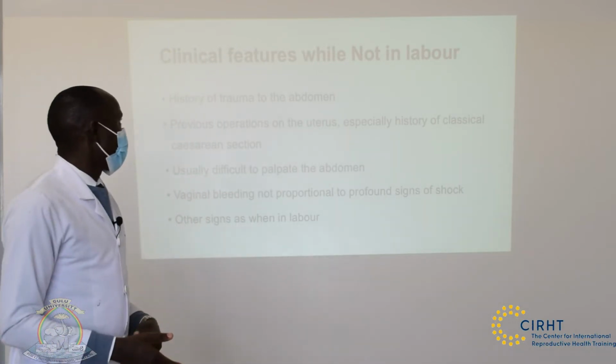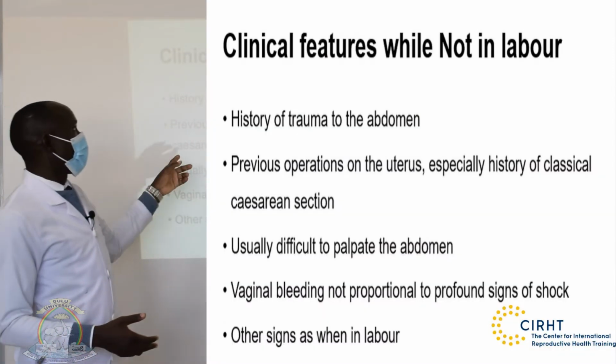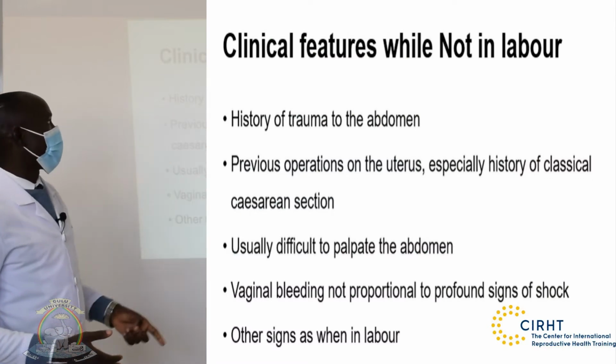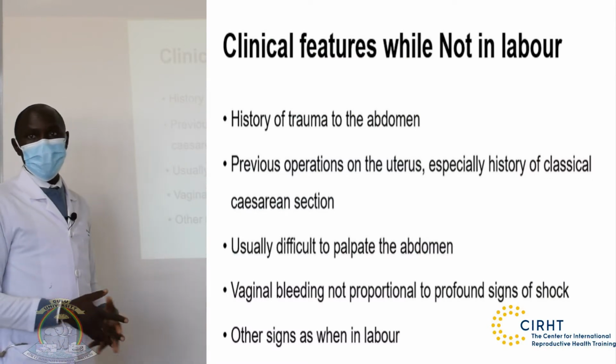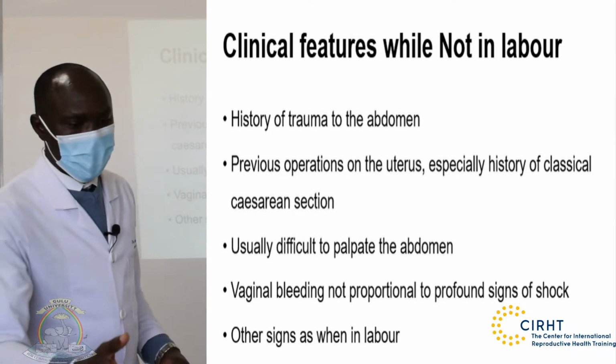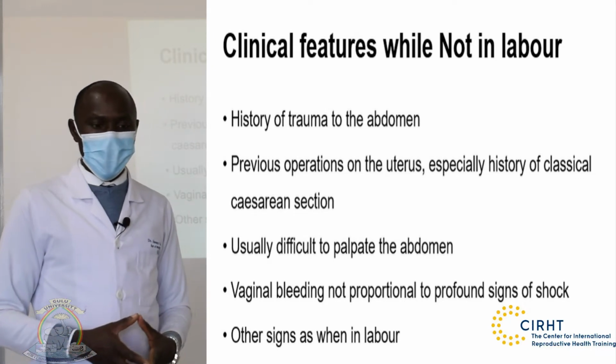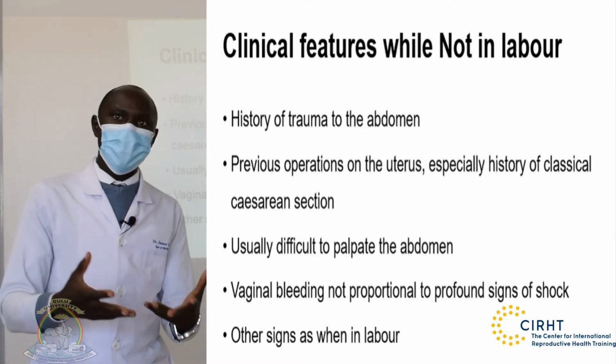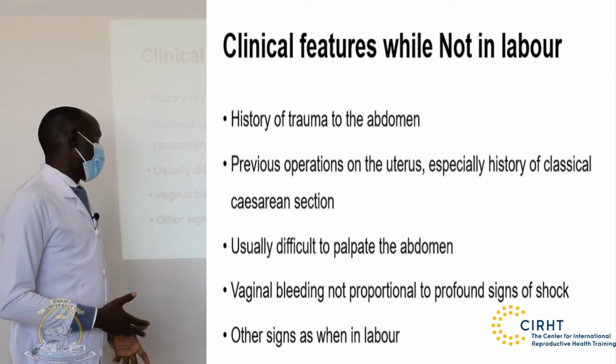Now, what about when this mother is not in labor? These clinical features are common. Sometimes they have had trauma to the abdomen, blunt abdominal trauma, which risks these patients getting a ruptured uterus. Previous operation, as I said before, and when you examine these mothers, it is difficult to palpate the abdomen.